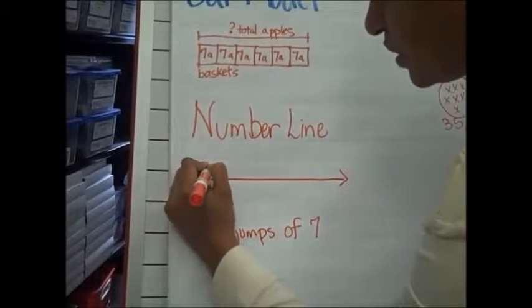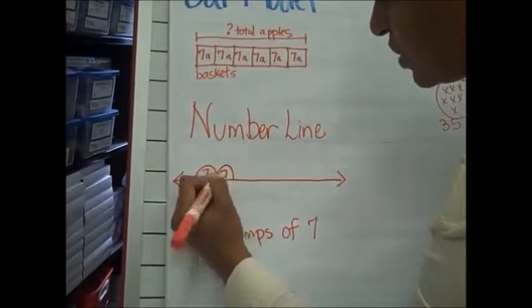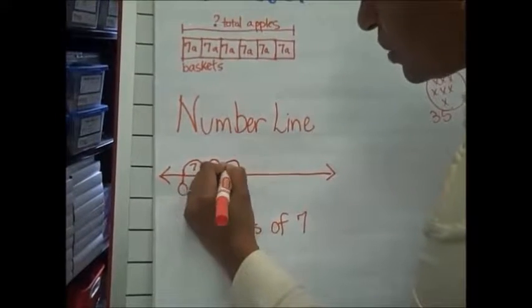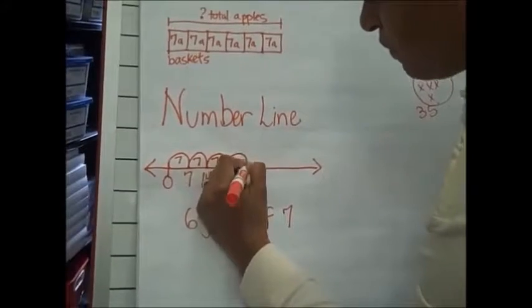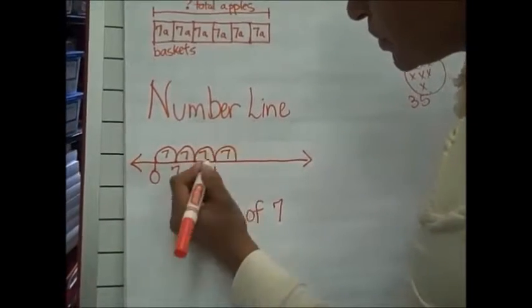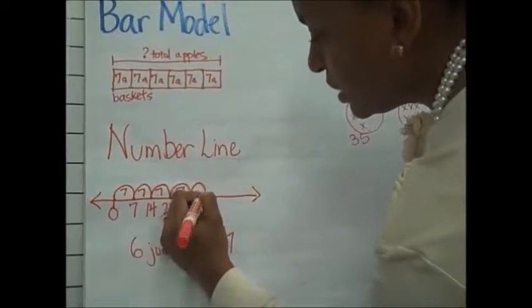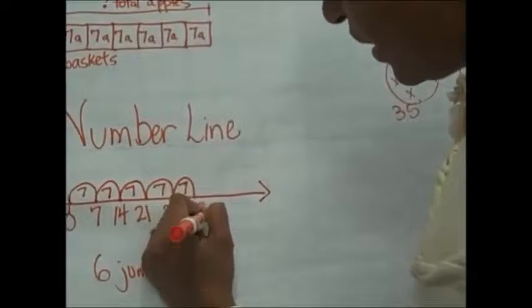My first jump of 7 gets me to 7. My second jump of 7 gets me to 14. The third jump, I'm getting 21. Fourth jump, I get 28. So I have 2 more jumps. The fifth jump, I get 35.